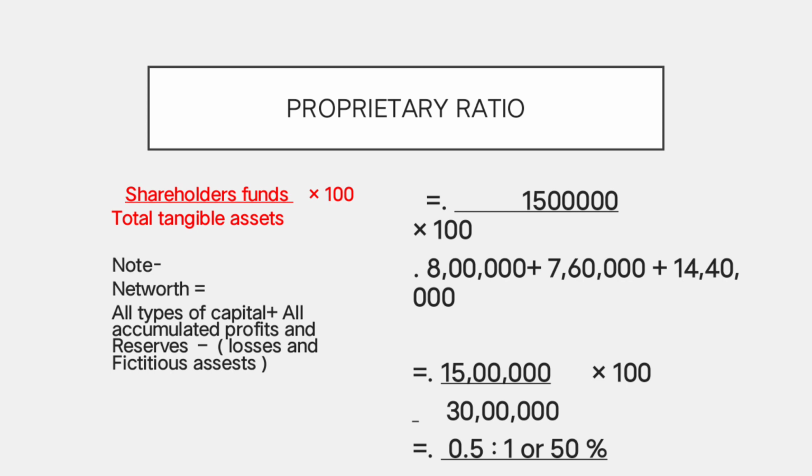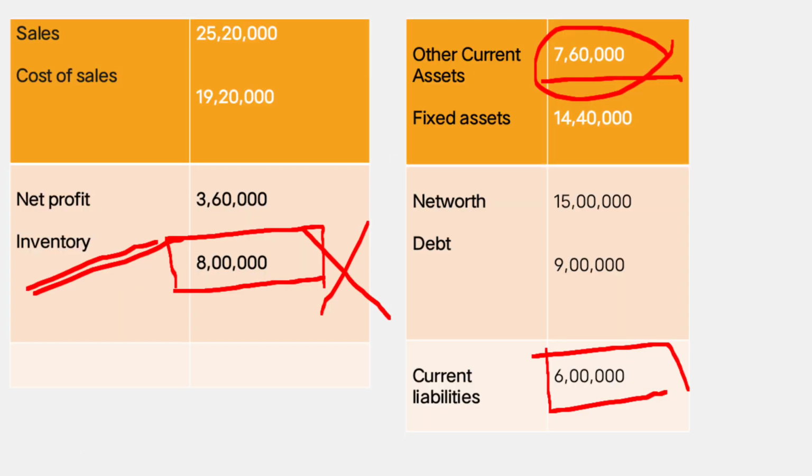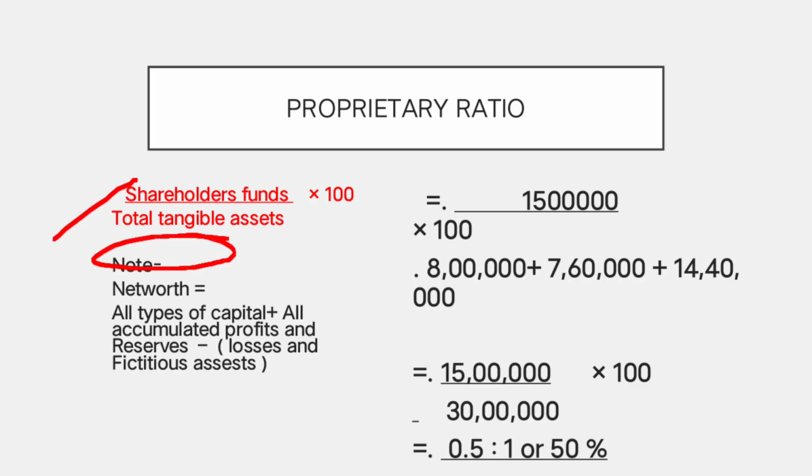Last one, proprietary ratio. The formula is shareholders' funds divided by total tangible assets into 100. Shareholders' fund: have they given it? One note is given, net worth. Net worth is equal to all types of capital plus all accumulated profits and reserves minus losses.